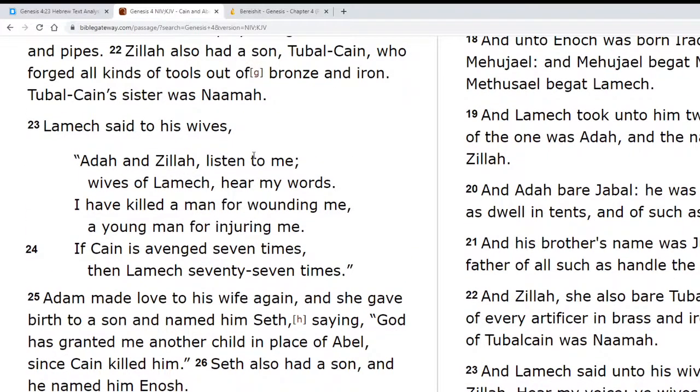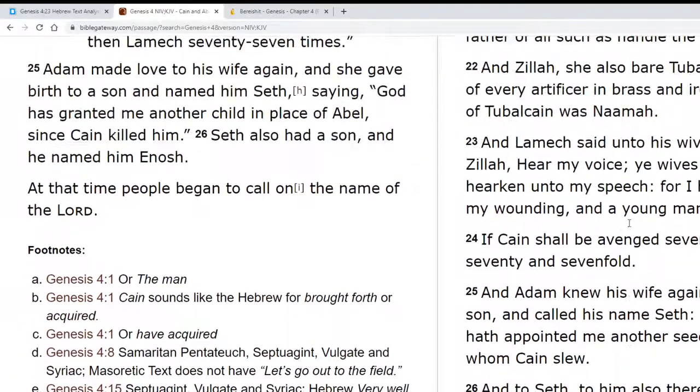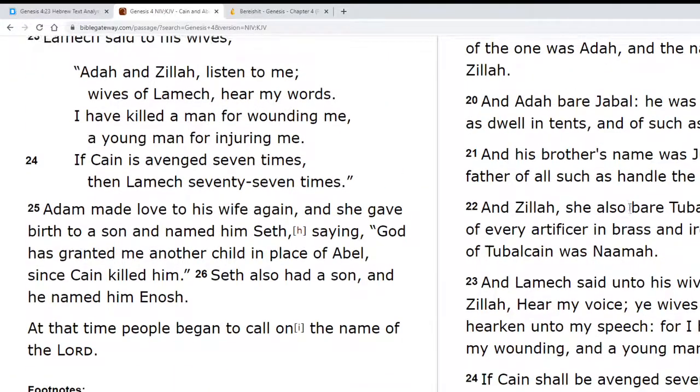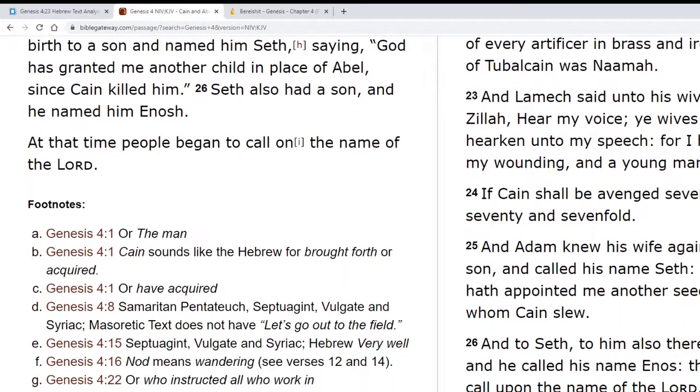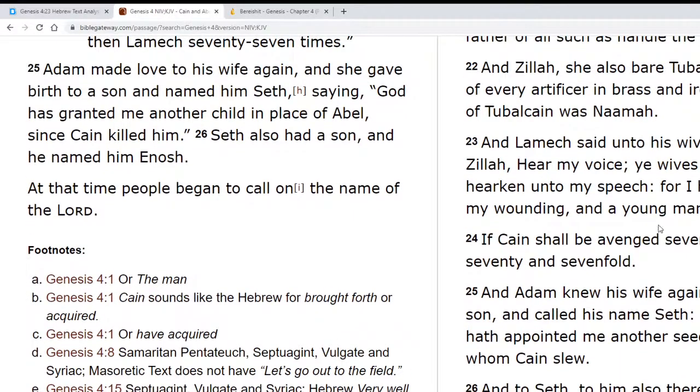Verse 23. Lamech said to his wives, Ada and Tzila, listen to me. So, okay, in the King James, it's saying, said unto his wives, Ada and Tzila, right?